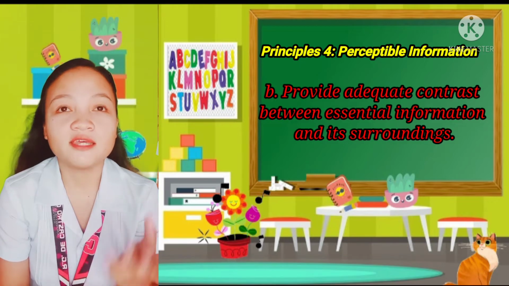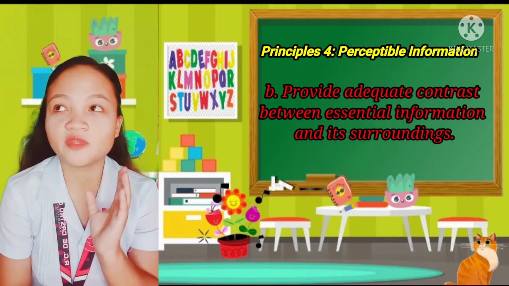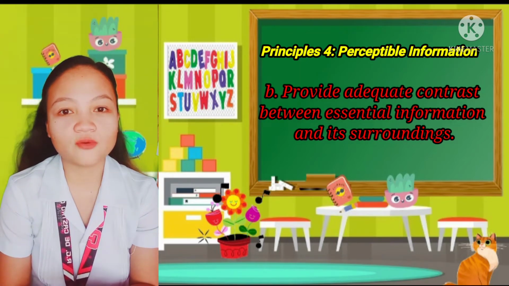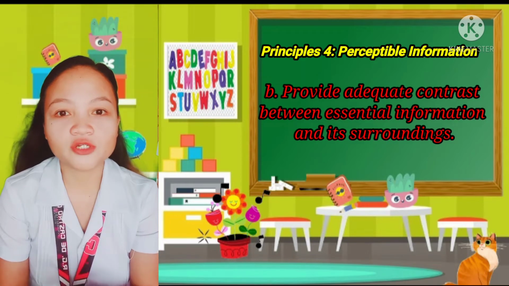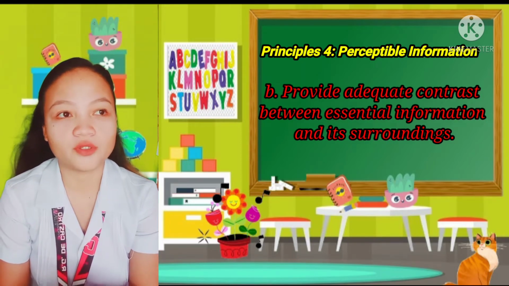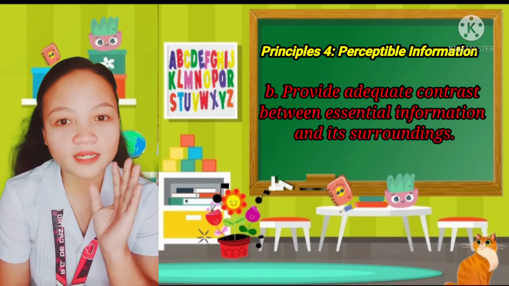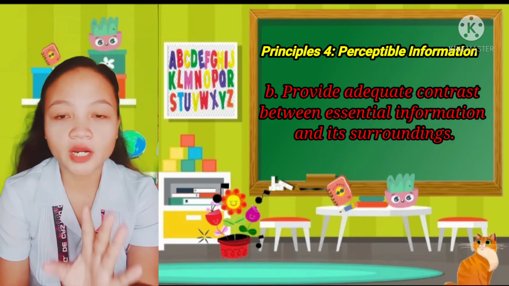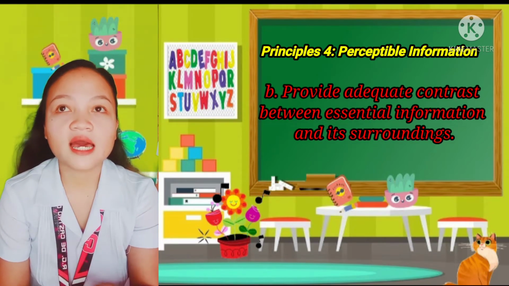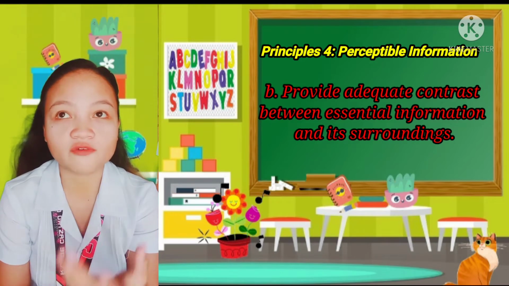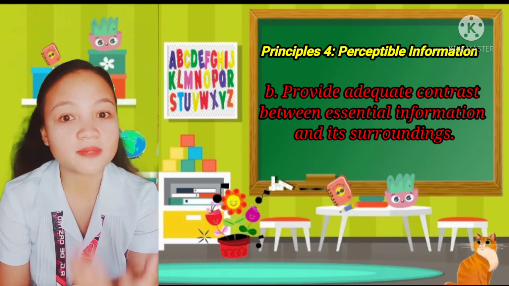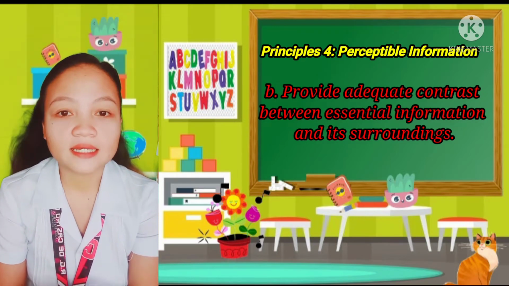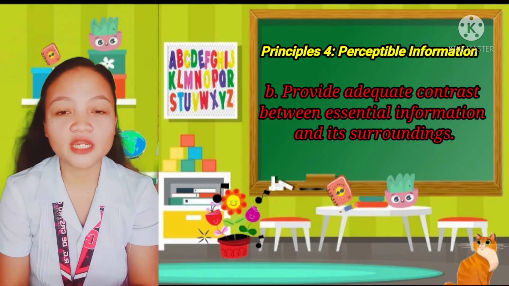You can use different backgrounds, different colors for your backgrounds para mas makita ng mga estudyante yung mga information, mga words na nandun sa presentation mo. Dapat ang font makikita kahit nasa likod, yung background is nakakatulong siya dun sa font or sa mga words na mas makita or mas clear nilang makikita o mababasa yung mga words na pinipresent mo.